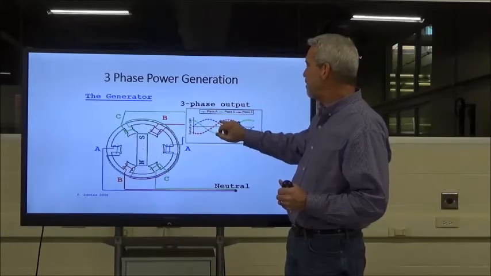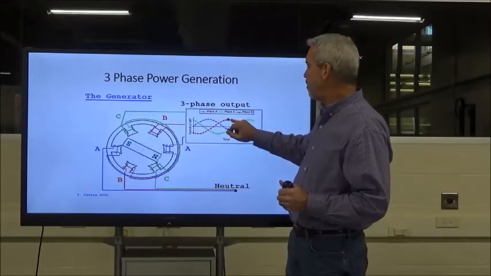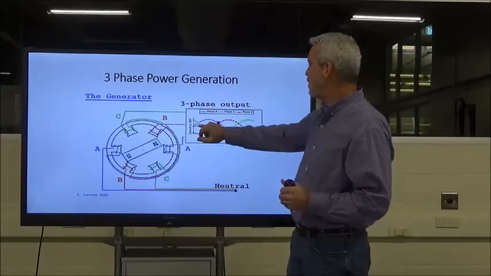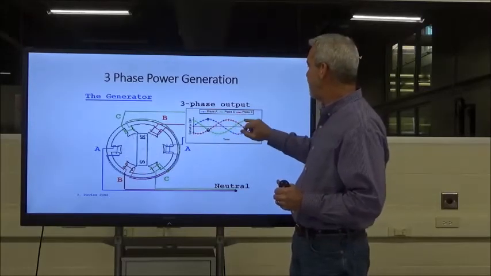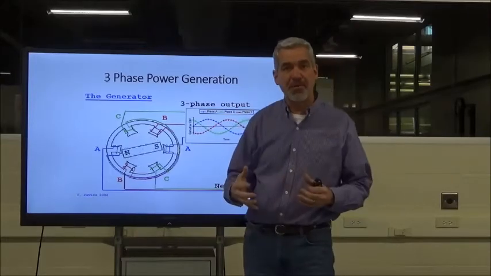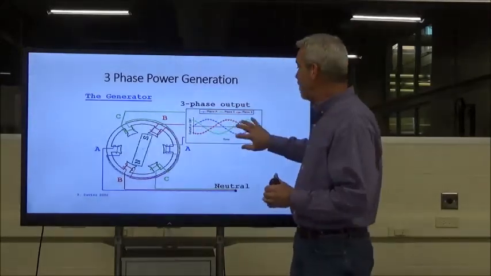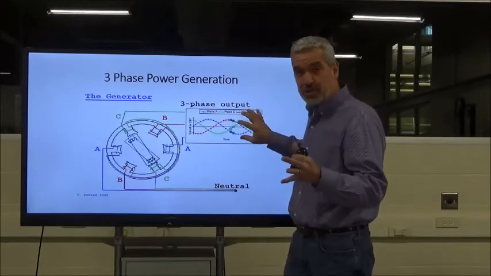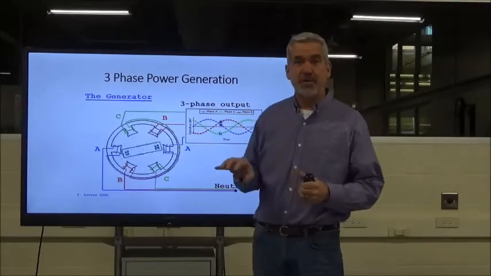Phase C is coming on, and it gets stronger, and before it can drop off to the zero plane, you have phase B kicking in here. So we get a nice smooth ripple effect coming out of the power plant, and those are the power pulses, you might say, that the motor experiences.